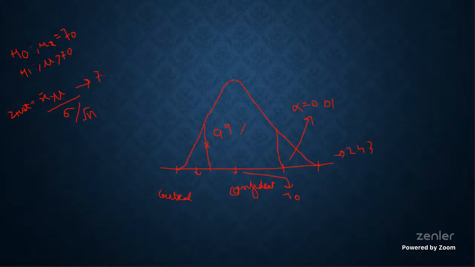The 75 is the actual sample mean. 75 minus 70 is the value, divided by sigma, which is 10, over the root of 30.